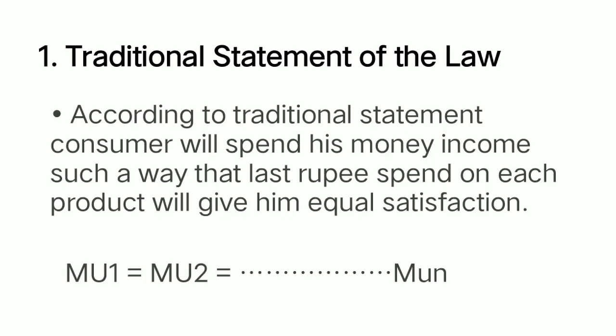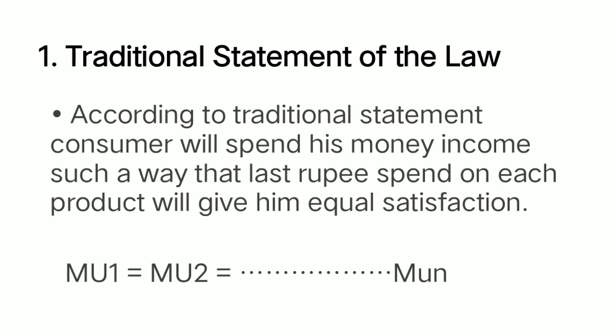So now let's proceed to the traditional statement of the law. According to the traditional statement, the consumer will spend his money income in such a way that the last rupee spent on each product will give him equal satisfaction. So we have the formula MU1 = MU2 = MUn.